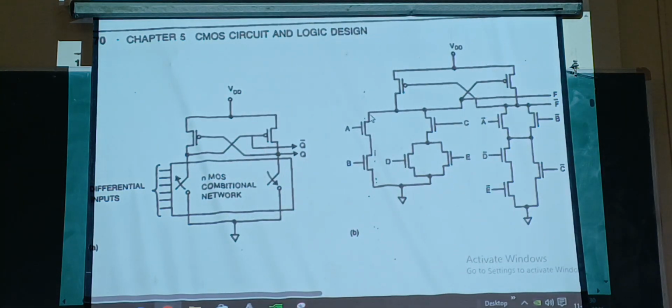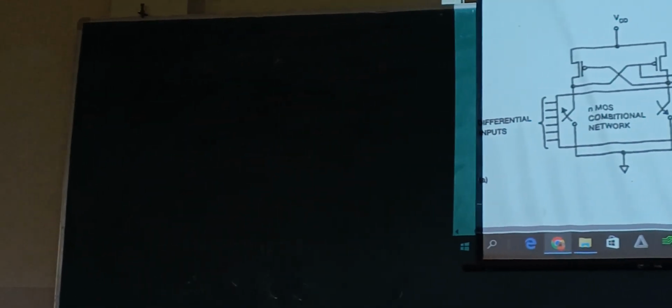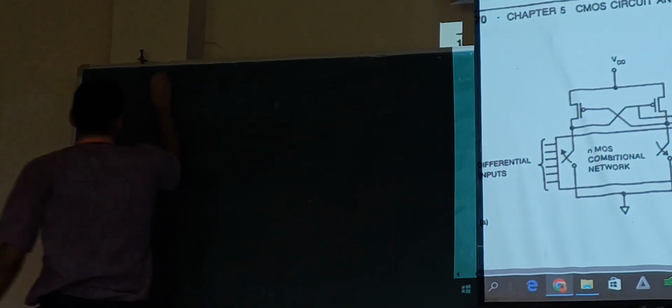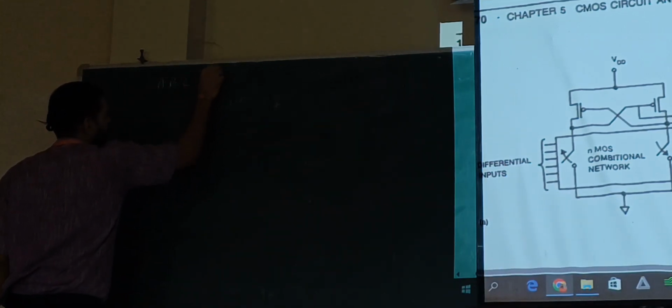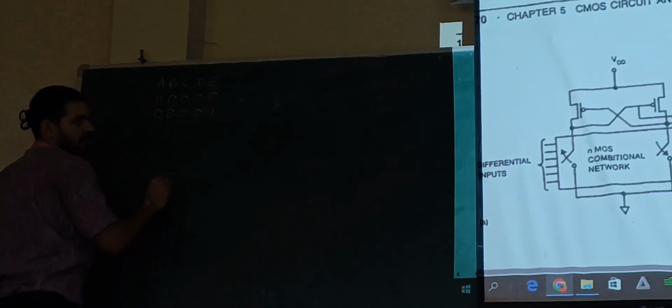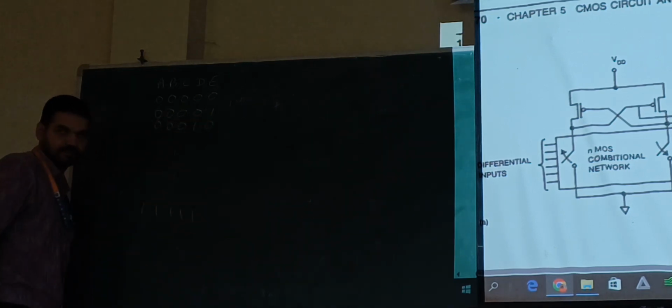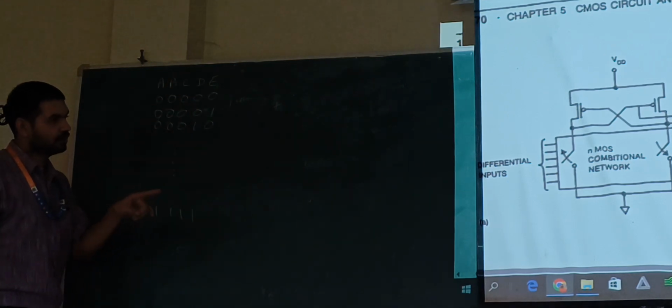So the truth table will have A, B, C, D, E. 0, 0, 0, 0, 0, and so on up to 1, 1, 1, 1, 1. Voilà.